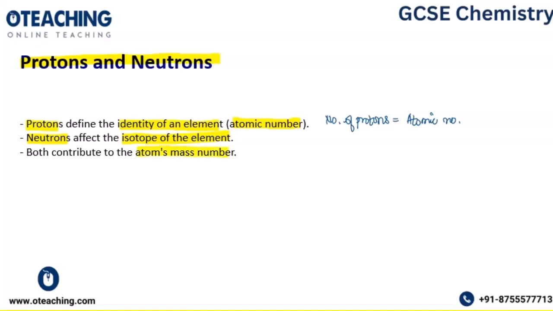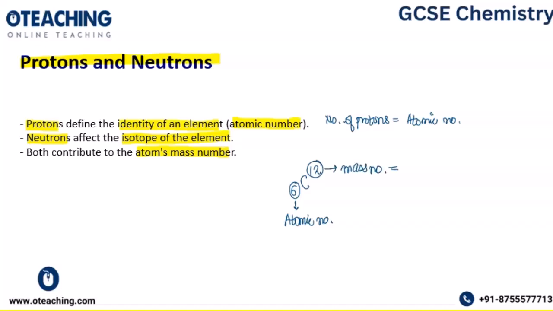What is mass number, atomic number? For example, we have different elements in chemistry. If I consider carbon, here we write 6 and here 12. This represents atomic number, or the number of protons, and this represents mass number.